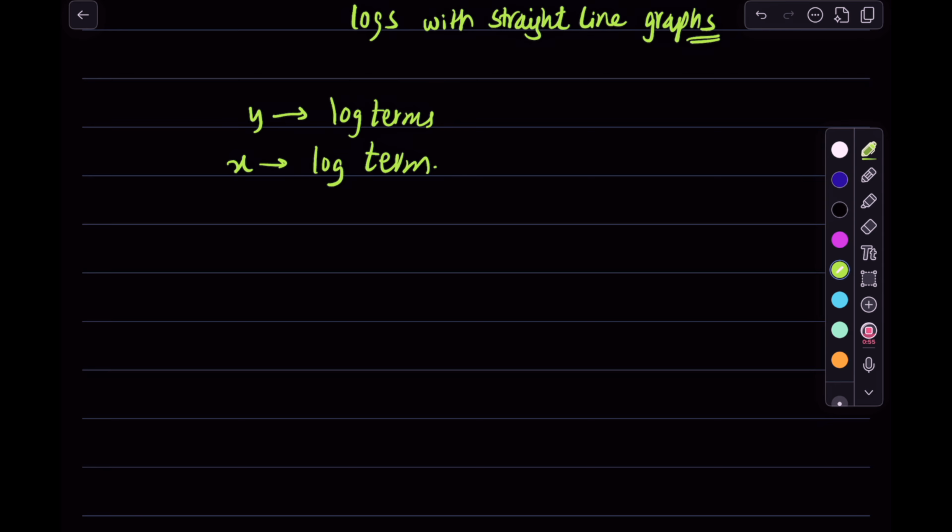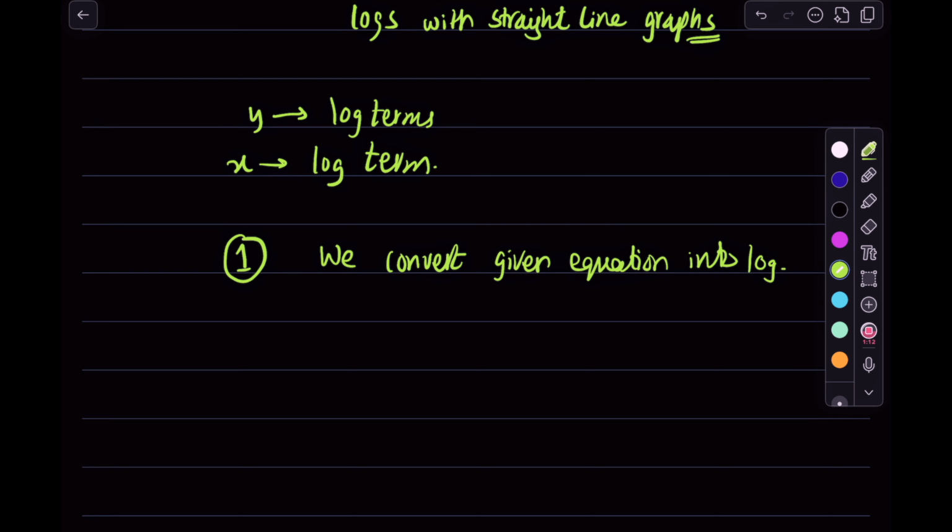For the first step, we convert our given equation into log form. And how do we do that? We basically take logs on both sides.